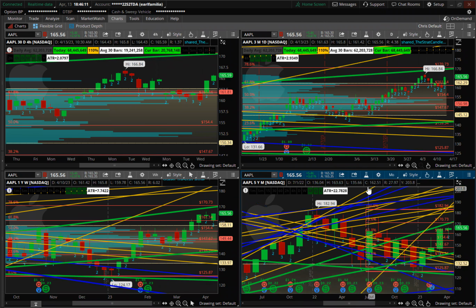Man, what was we talking about? Apple going to 170 because there wasn't no broad formations in the way. I'm damn near there. Okay. There ain't no entry on it, but it's strong. It's 2 up on all time frames.